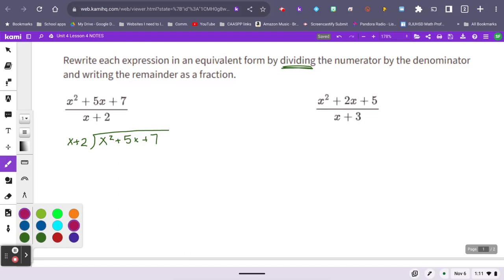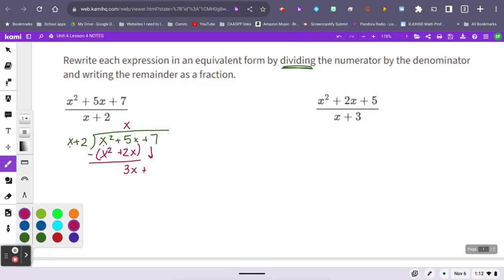And x goes into x squared. We need another x to do it. So x times x gives me x squared. x times 2 gives me 2x. And we are subtracting, so x squared minus x squared goes away. 5x minus 2x gives us 3x.